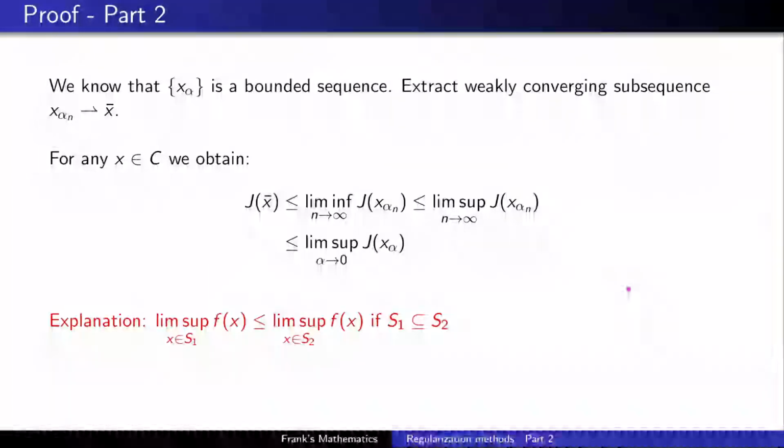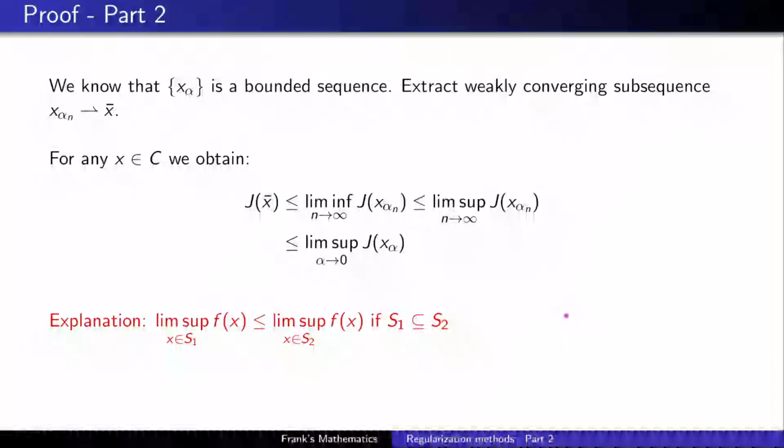This, of course, is possible if we are living in the world of limes superior, because we are just adding more elements to our set. Remember, the limes superior is the greatest cluster point of this sequence here. And of course, if you add more elements, we only get a possibly bigger cluster point. So now we have made a step from x alpha n to our sequence x alpha.